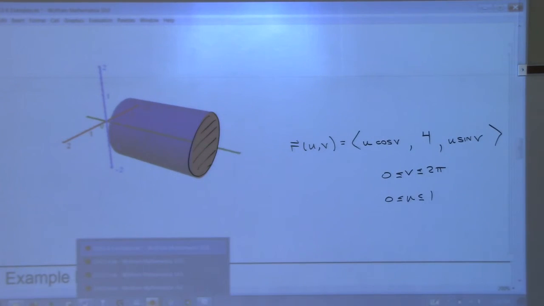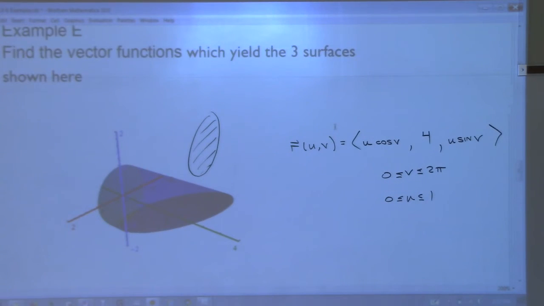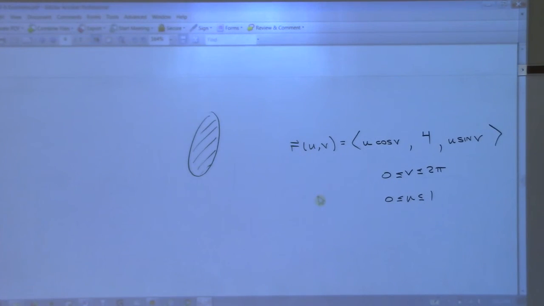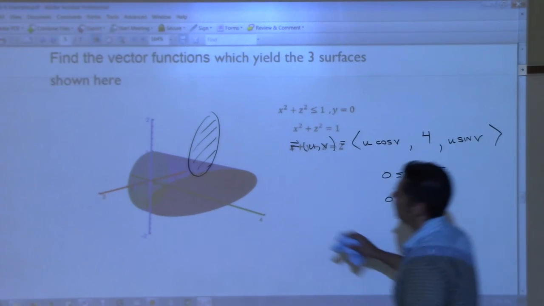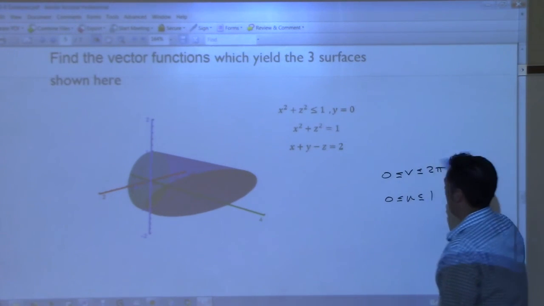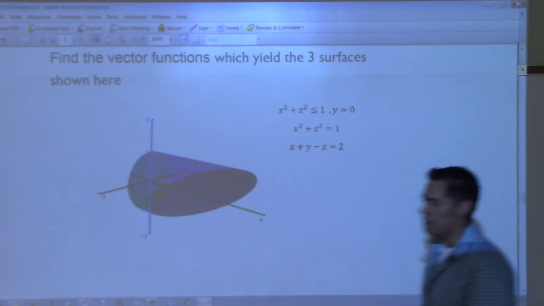We might just keep cranking. This one's tricky. We have 3 surfaces here.